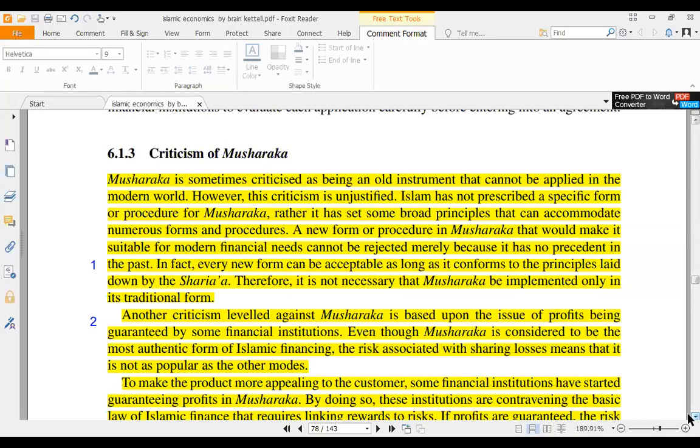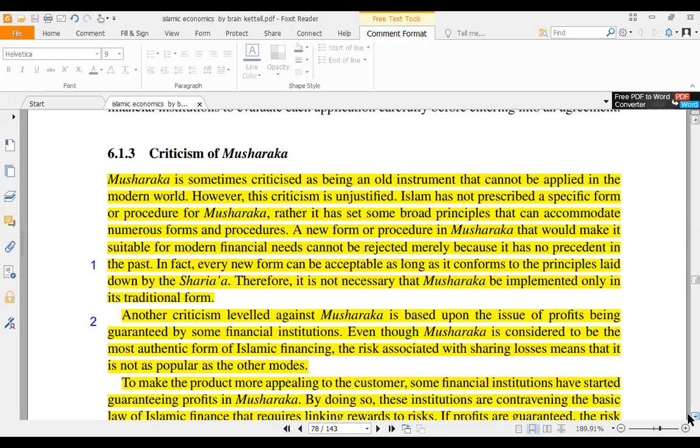It cannot be rejected, although it has no precedent in the past, because it is acceptable, because it does not contradict any Sharia rule.